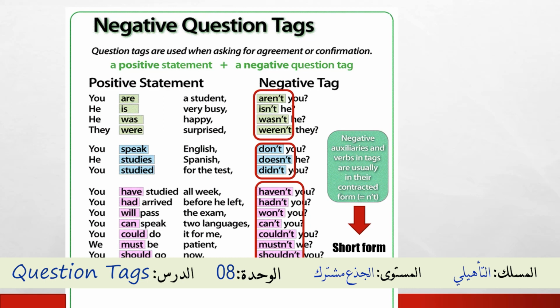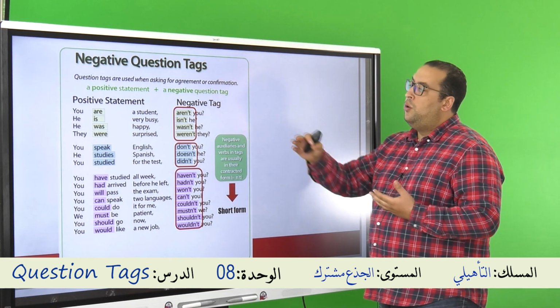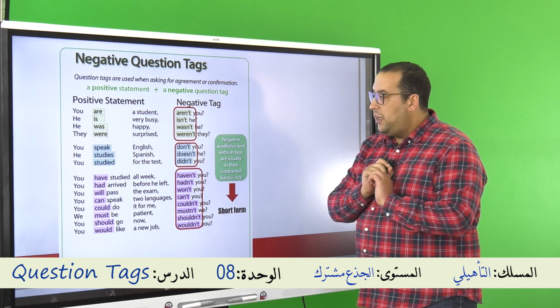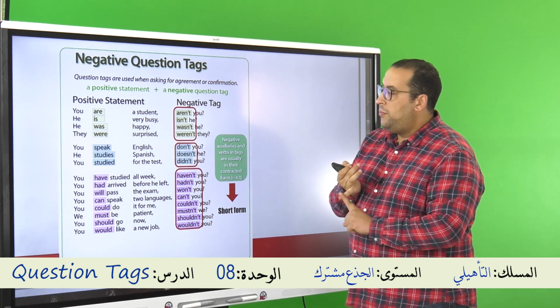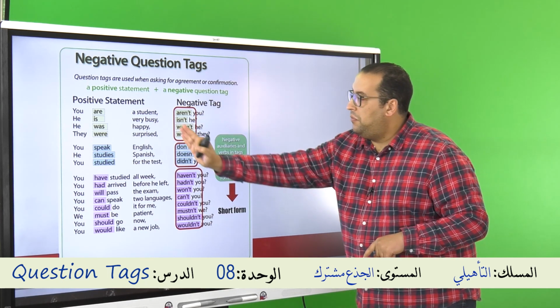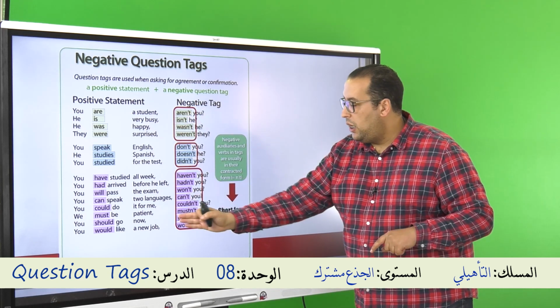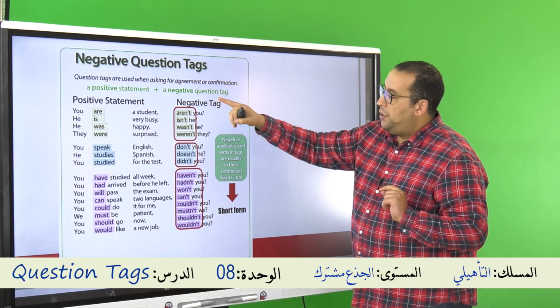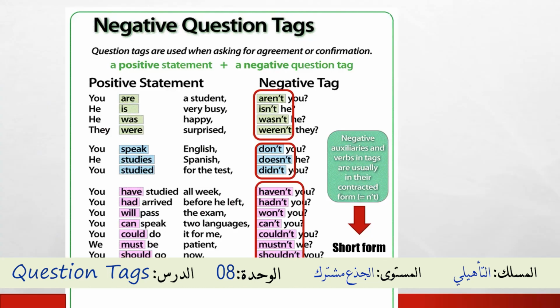Should I repeat one more time? Yes. So the negative tag or the question tags, they have some specifications. Number one, they come after a comma. Number two, they are finished with a question mark. Three, they follow the verb in the tense.